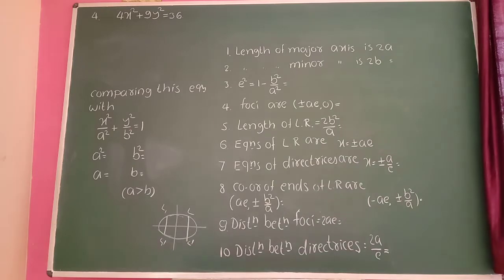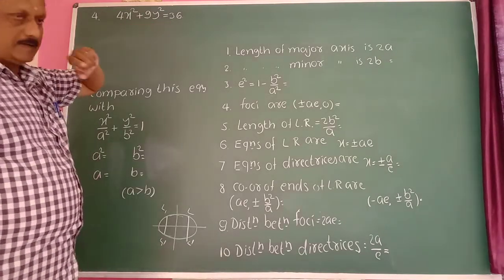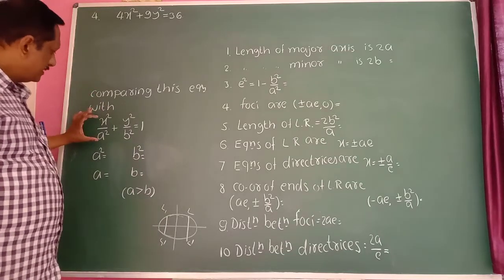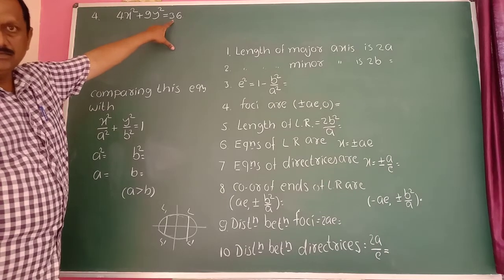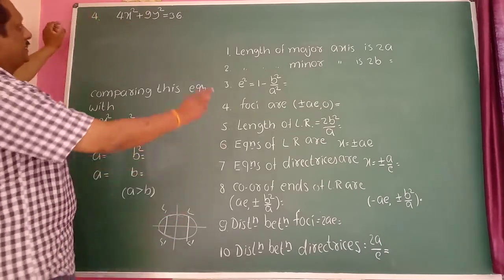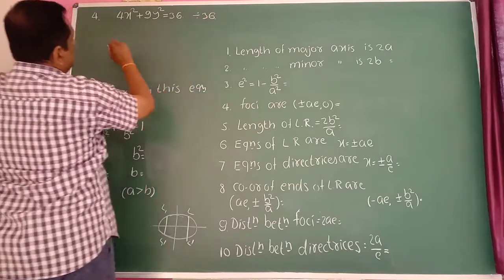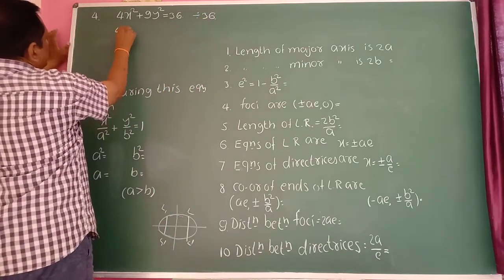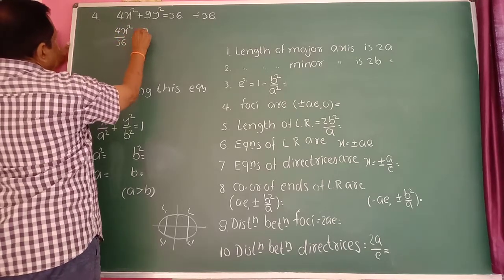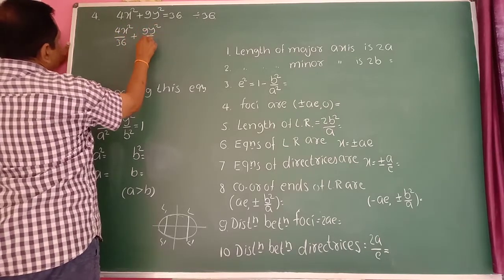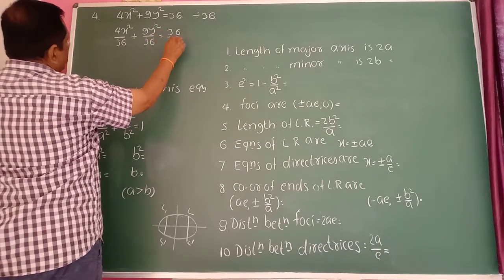In the fourth example, 4x square plus 9y square equals 36. So this is a standard equation; here we want the right side to be 1. So dividing both sides by 36, we get 4x square divided by 36 plus 9y square divided by 36 is equal to 36 divided by 36.